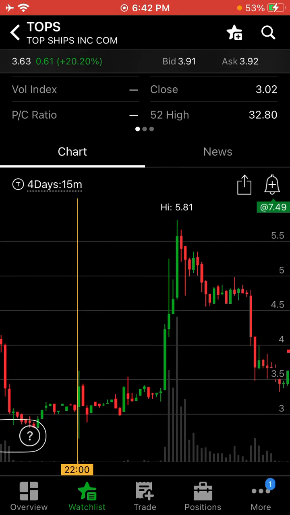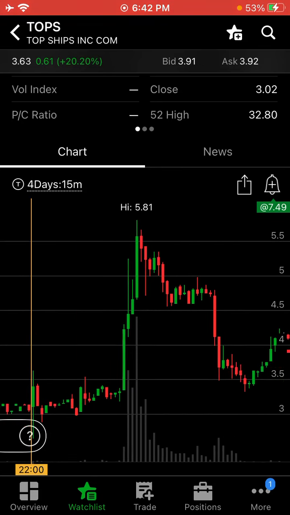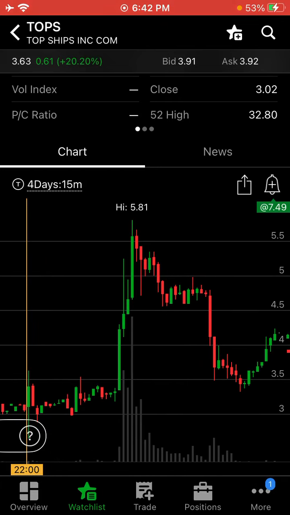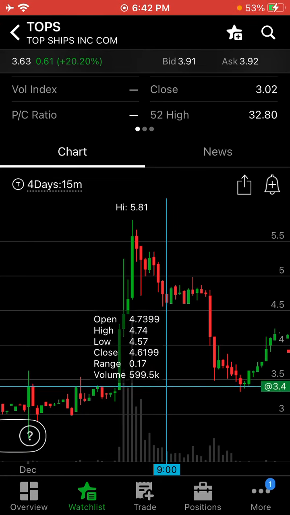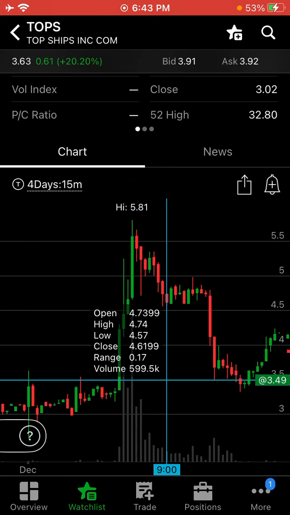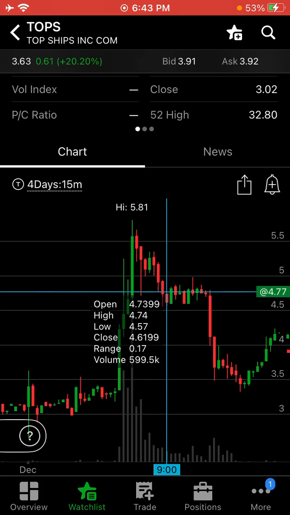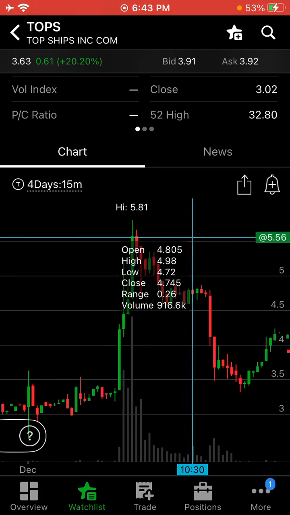The way I do a rough estimate, I usually look at the 15-minute chart and try to say, okay, what was the average price of the stock? Today it was volatile. It went from like 350 to almost $6.